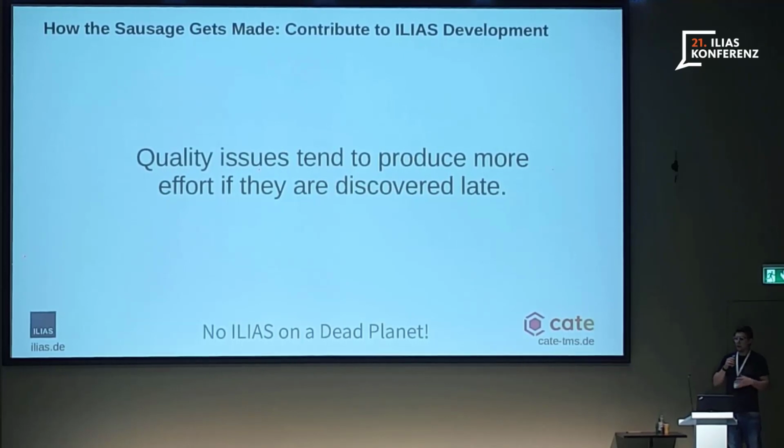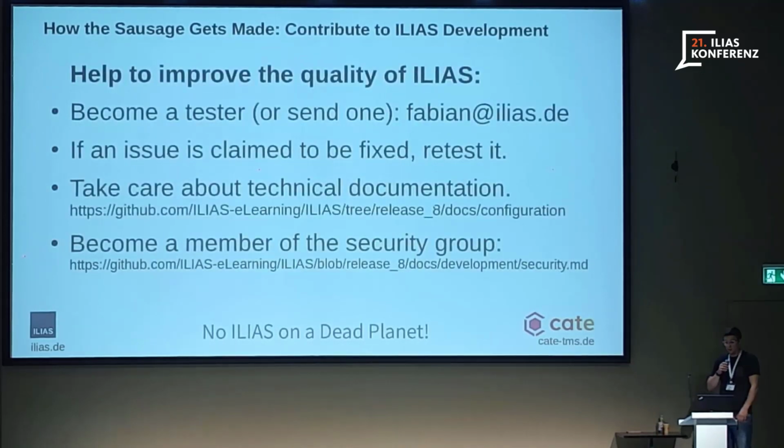So if your feature request, for example, has a conceptual problem and we already started working on it and programming, then there will be a lot of resources already in there. And so quality assurance is about finding problems early on, and that is also one thing where all of you can help. So you could become a tester for testing the code we already implemented.